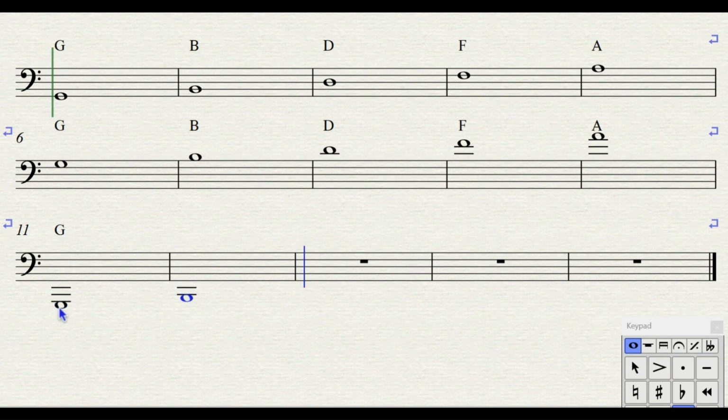That'll be B, D. 1 leisure line. Then we're in the space of the stave F. And then we are all the way up here in the first space for the A. And let's label it B, D, F, A.